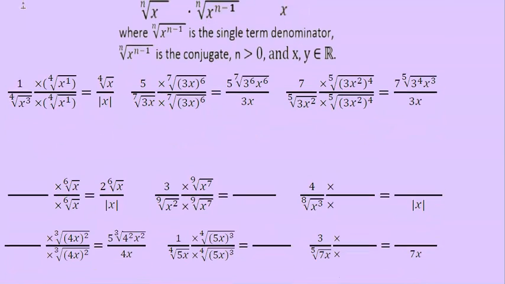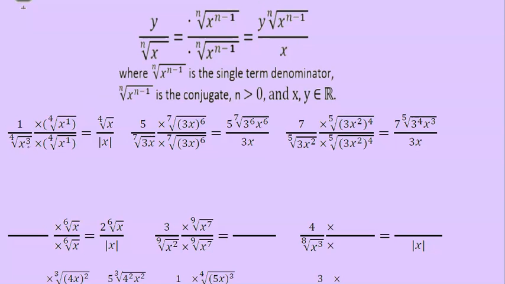Like on the first one right here, we have x to the 3rd power. If we add one more to that, we'll have x to the 4th power, because 3 plus 1 was 4.